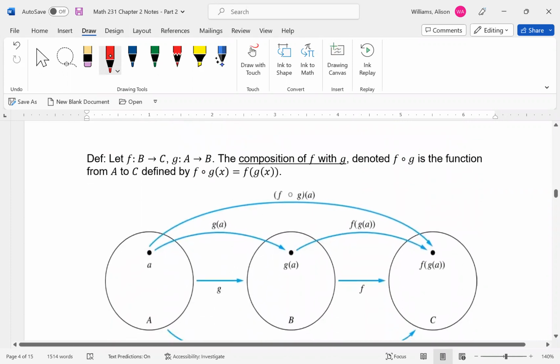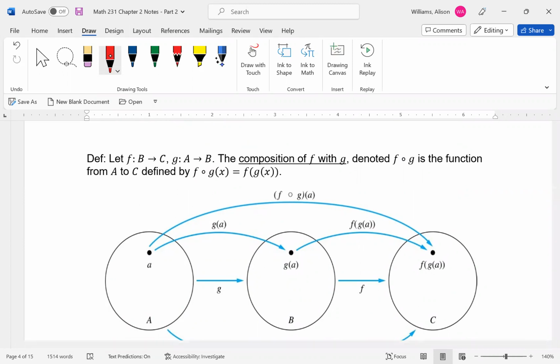So composition is the idea that we are taking two separate functions with two different mappings, but the thing that connects them is that G, in this particular case, maps A to B, and F goes from B to C. So it's this idea that we can go from A to C. That's what's happening under the composition.